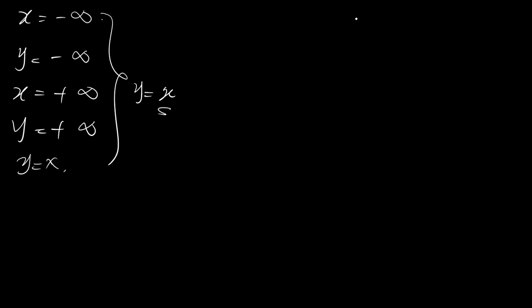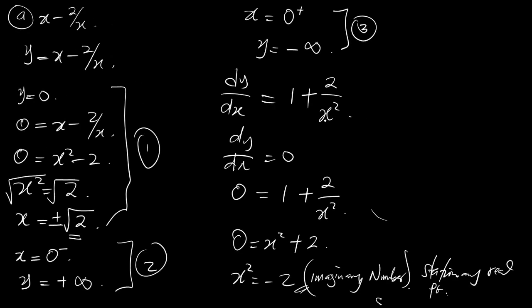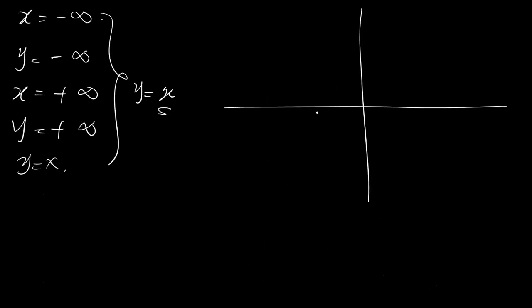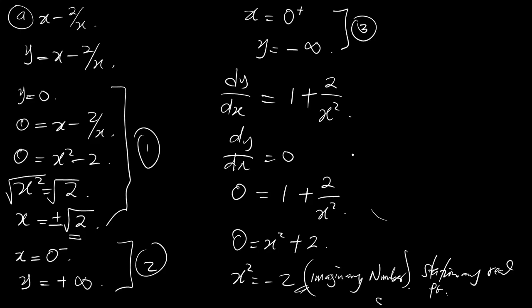So now let's draw the curve. At the point where y is equal to 0, you have the first one minus square root of 2, the second one plus square root of 2. Then where you have x as negative 0, you have y tending to positive infinity.